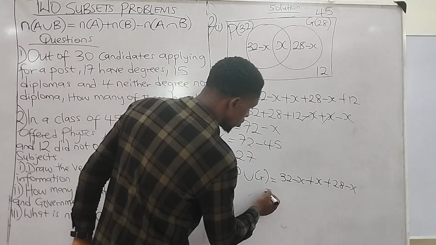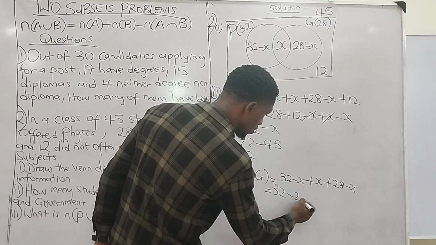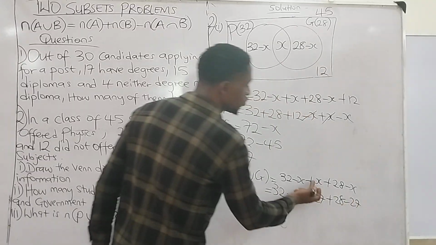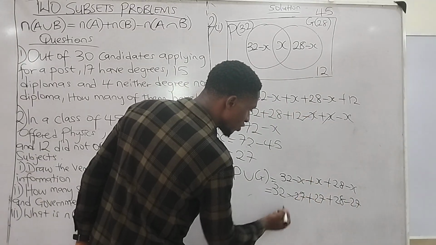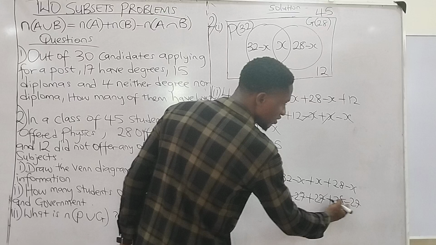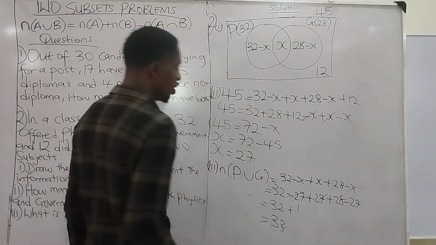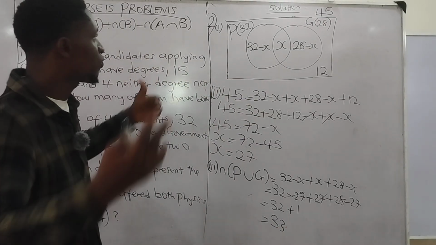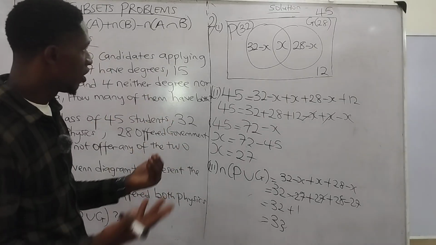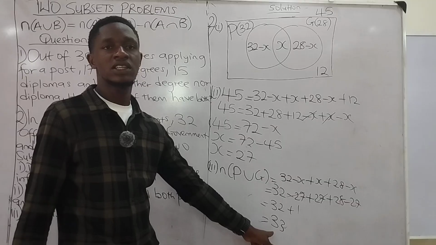So remember we have gotten our X as 27. So let's look at 32 minus 27 plus 27 plus 28 minus 27. I'm just replacing X with 27. So minus 27 will cancel plus 27. I have 32 plus 28 minus 27, which is 33. So the number of students that offer either physics or government, or physics only, or both, or government only, is 33 students.